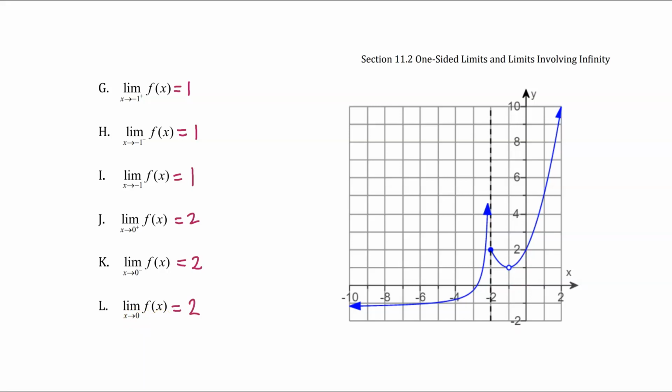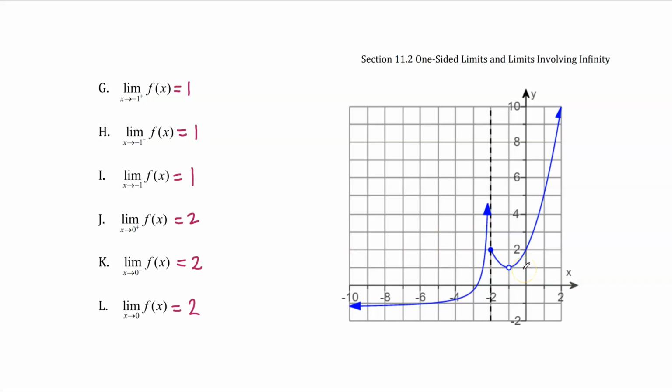Now it's important to notice in this example that both of these limits exist because their left-hand and right-hand limits are equal. But at x equals negative 1, the function does not exist, and its limit still exists, and that's equal to 1.